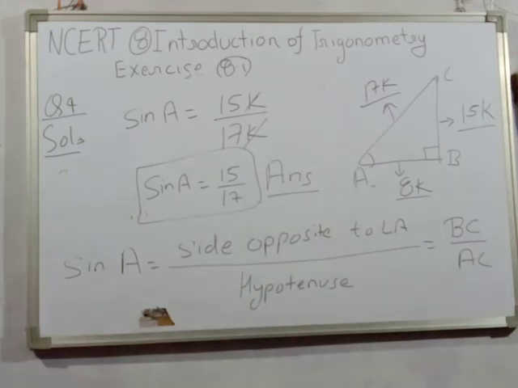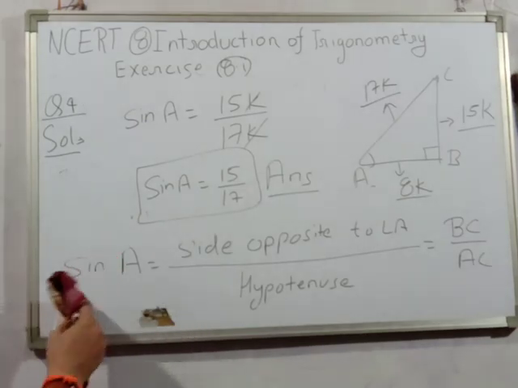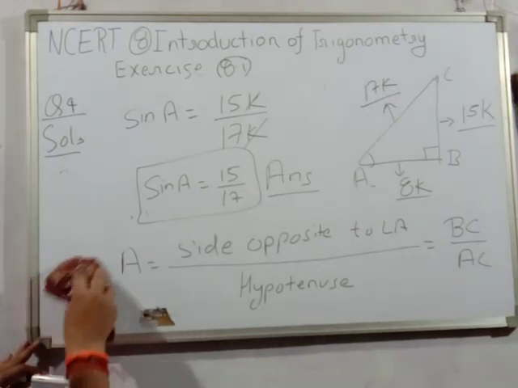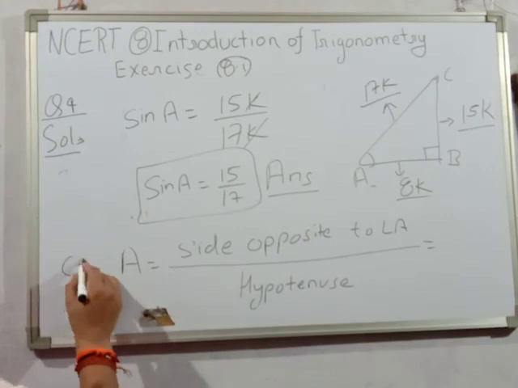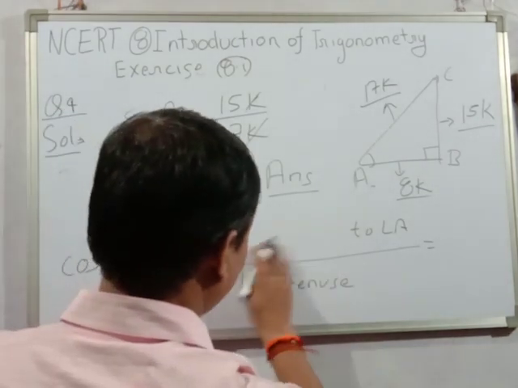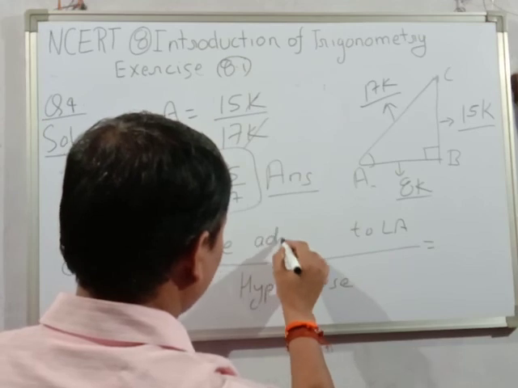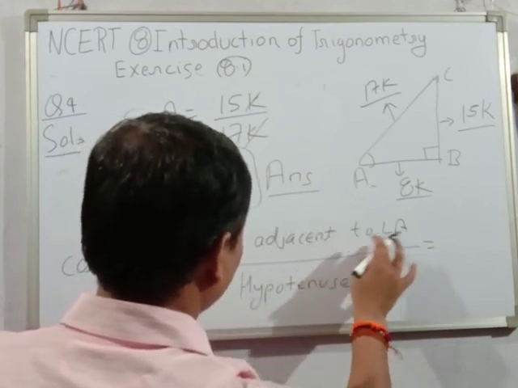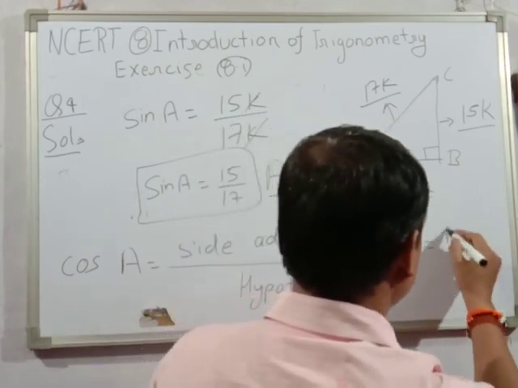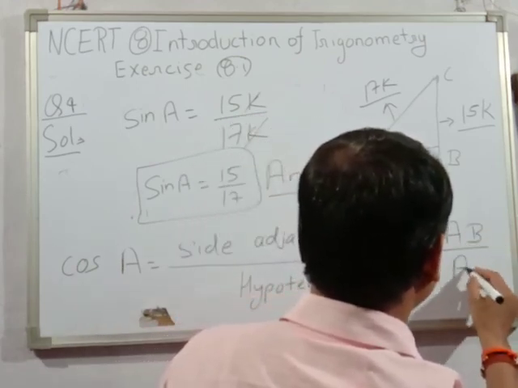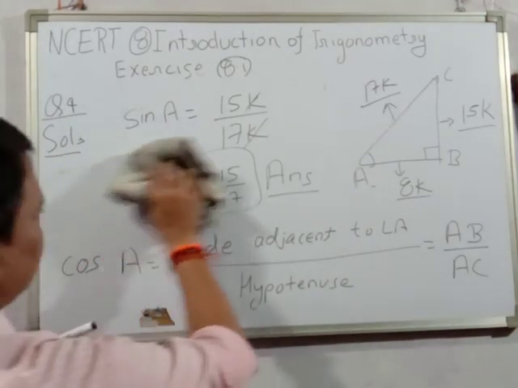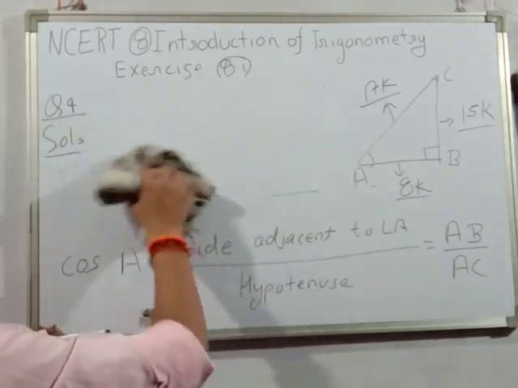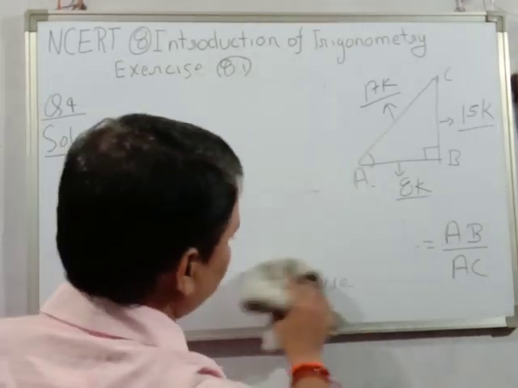And sec A. First of all, find cos. What is the formula of cos? Cos A is equal to side adjacent to angle A upon hypotenuse, that is AB upon AC.